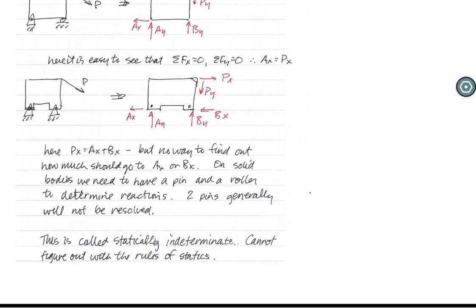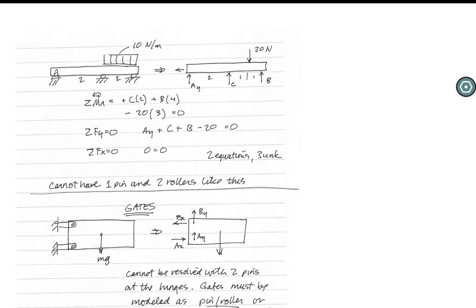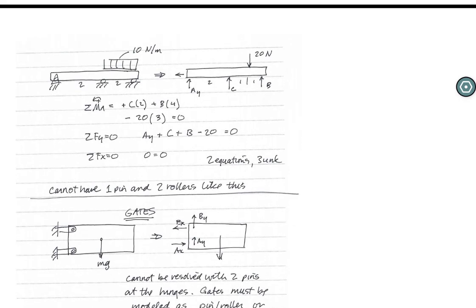A rigid body. Okay. Here's another example. Here you have a beam with a distributed force and two rollers and a pin. If I were to draw the free body diagram, I had AX and AY, I got a CY and a BY and that sort of thing. Summing the moments, I got a C and a B, and then summing the forces in the Y, I got C and a B, and summing the forces in the X, I end up having two equations.